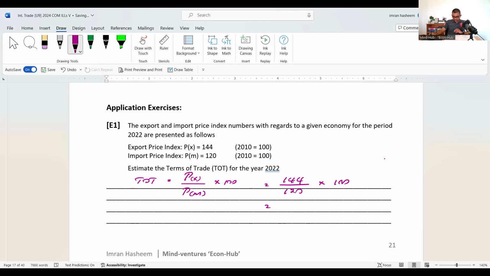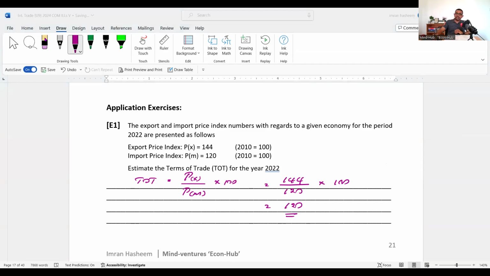So when you solve this, 120. Am I correct? Yes, 120. You simply give the answer as 120. Very simple, very straightforward. That's your terms of trade.